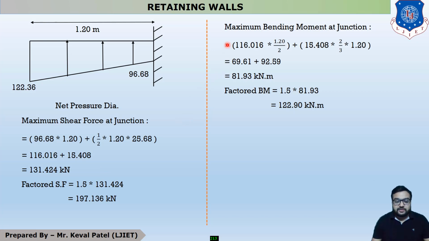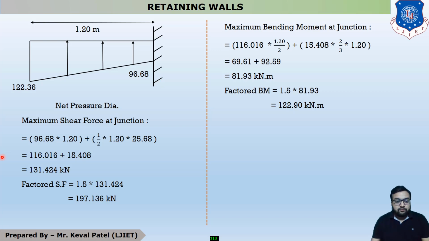After finding out the maximum shear force, now we have to find out the maximum bending moment. What is the equation of bending moment? The equation of bending moment is force into perpendicular distance. So we have to calculate the moment for component number 1, which is the rectangle, and the moment for component number 2, which is the triangle. So how much force is acting on component number 1?